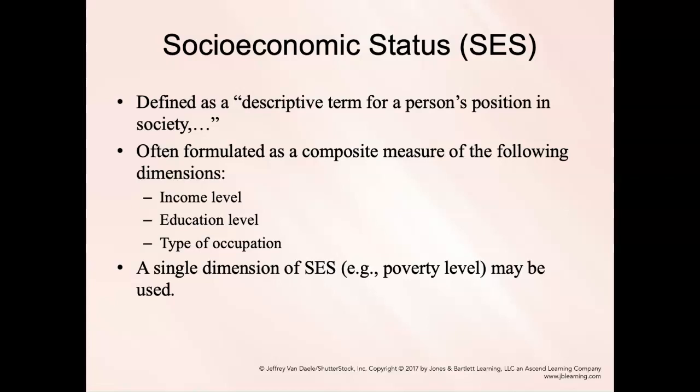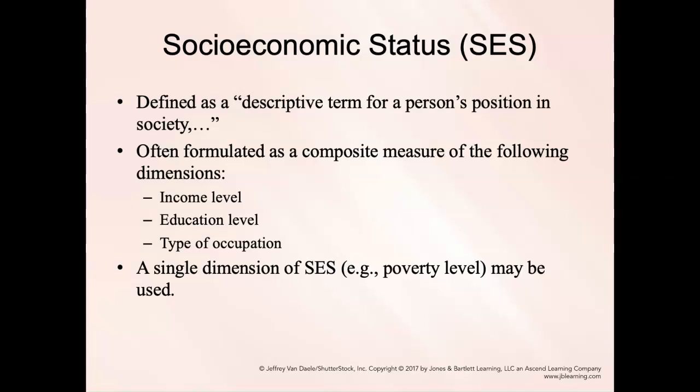So individual measures of socioeconomic status tend to include things like your income level, your education level, so whether you completed high school, some college, or college, and your type of occupation, whether you're working at a desk job versus some sort of construction job. Typically, these are measured individually, so we often measure individual income, education, job status, things like that.